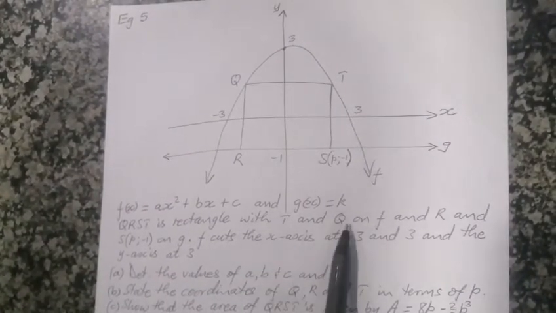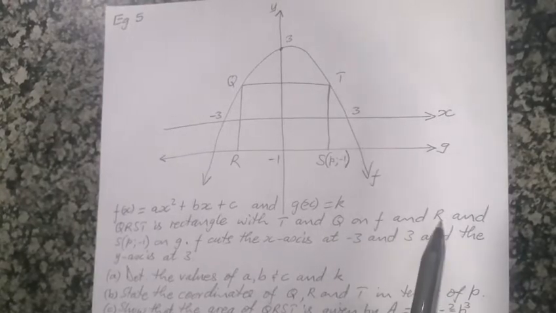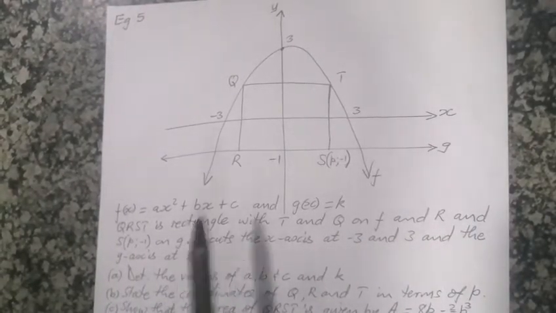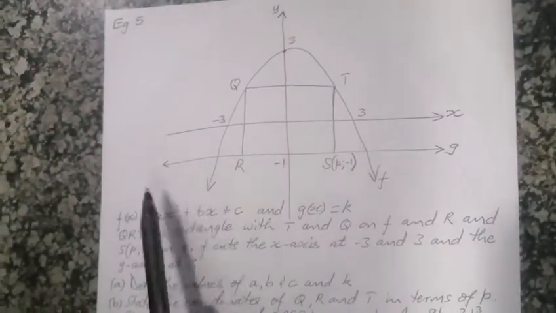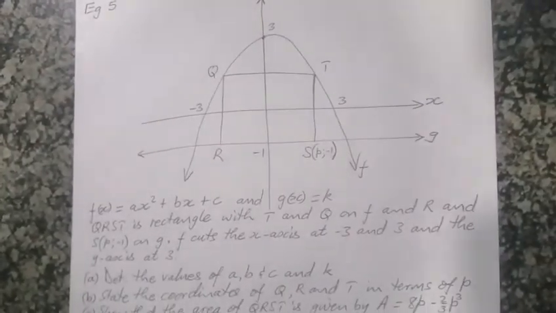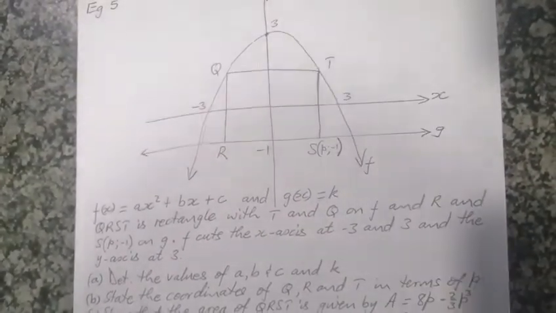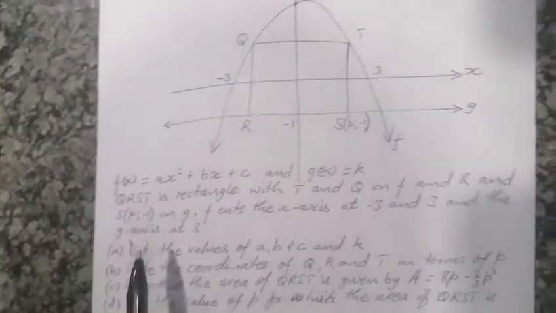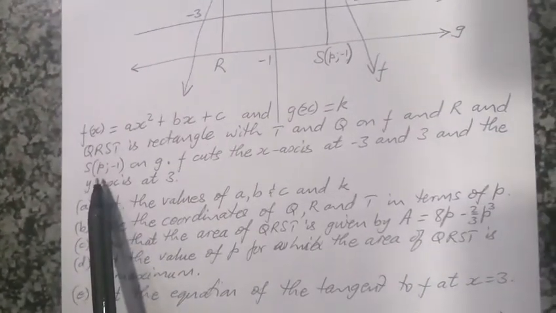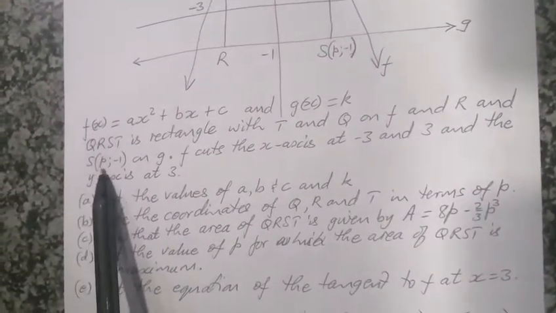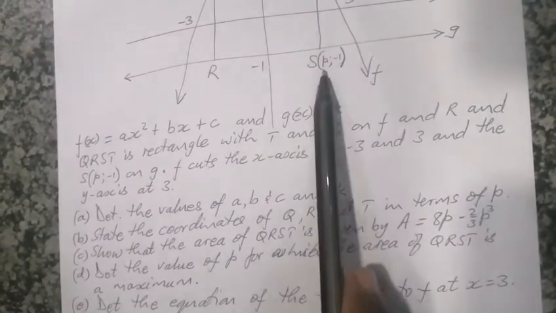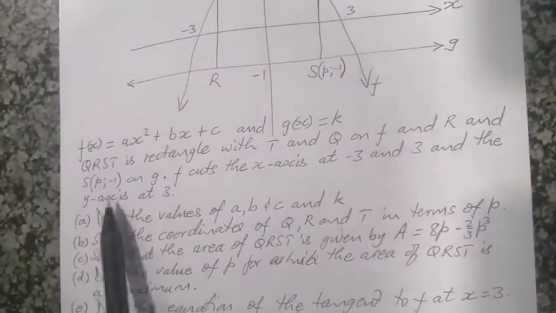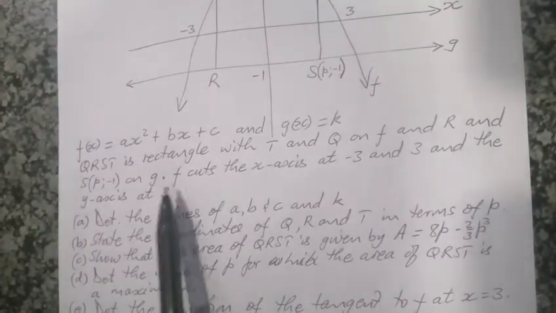With T and Q on F and R and S on G. This we can see, T and Q are on F and R and S are on the graph G. Then it goes on to say S has coordinates (p, -1) on G. Here is the point S with coordinates (p, -1) on G.